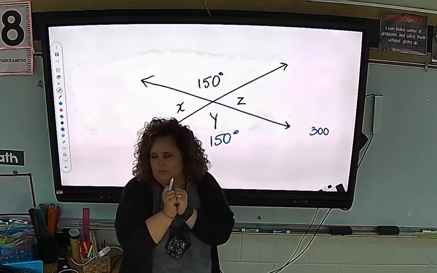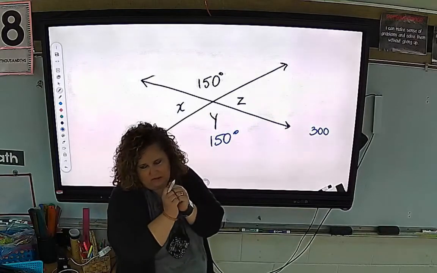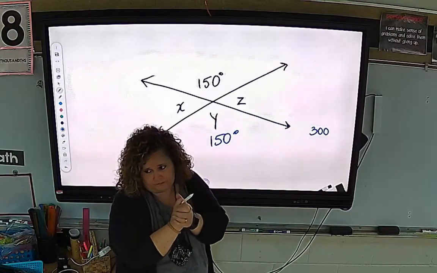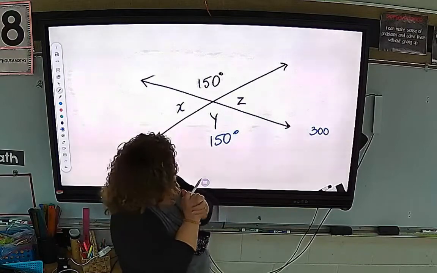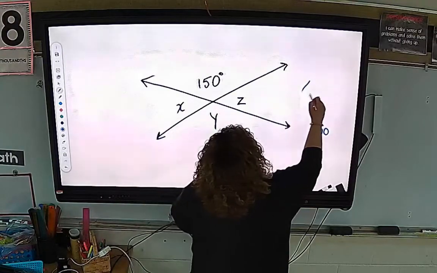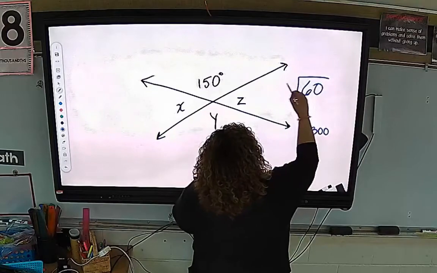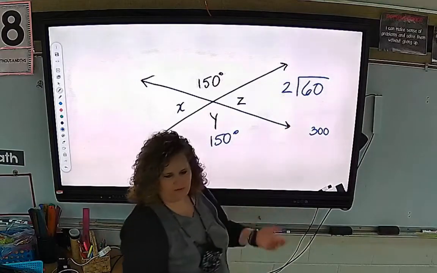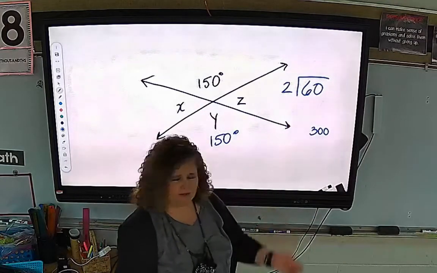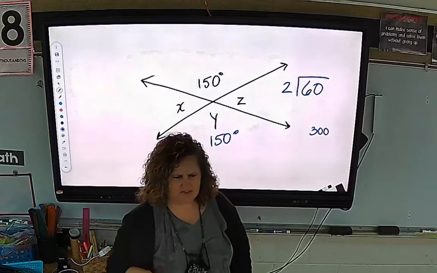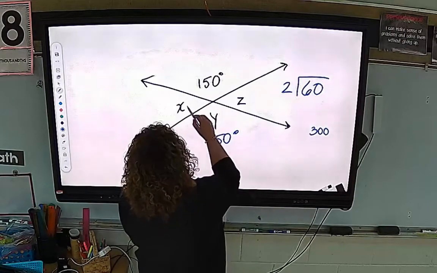Both of them together make 60. So what would I do? The way to do that with a math problem is when you cut something in half, you just divide it by 2. But you might already know, half of 60 is 30. So both of these are 30.